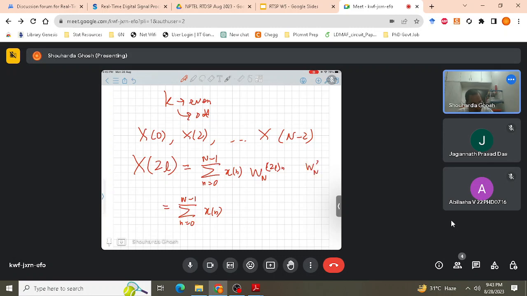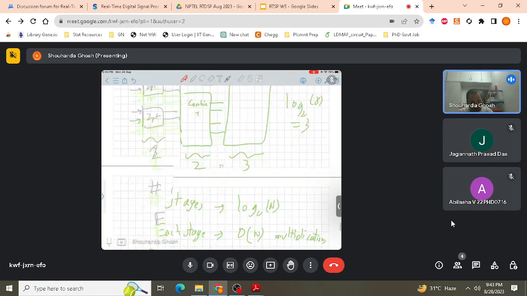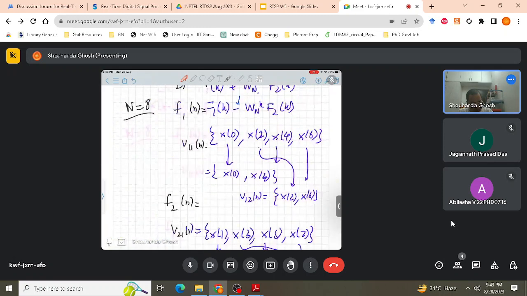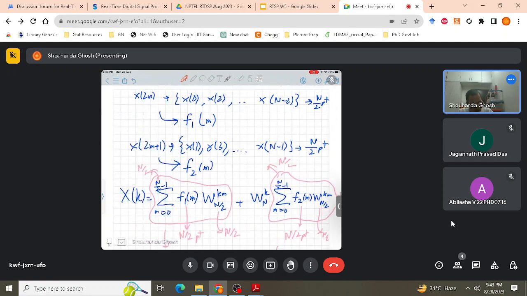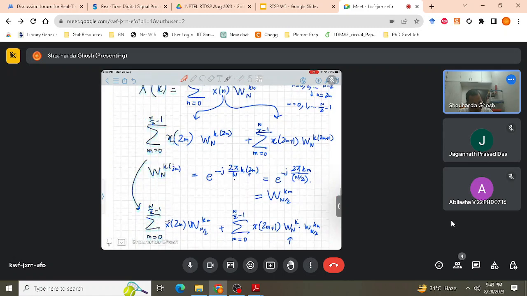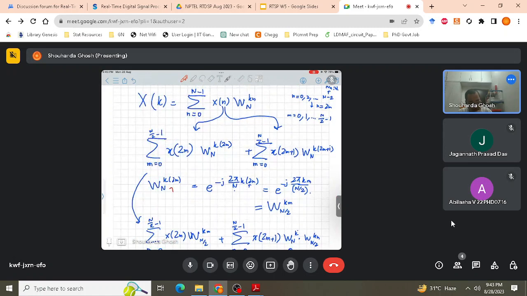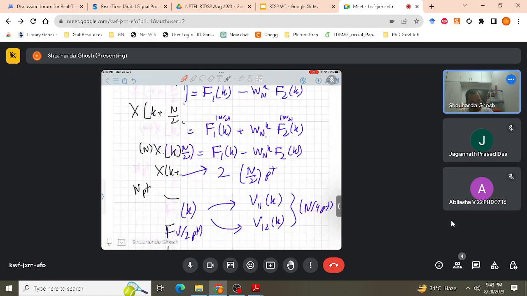W_N^{2ln} you can write as W_{N/2}^{ln}. I hope you know how, because we did it somewhere previously. Where did we do it? Yeah, over here, W_N^{2km}, here it goes down. Similarly we do it over here.